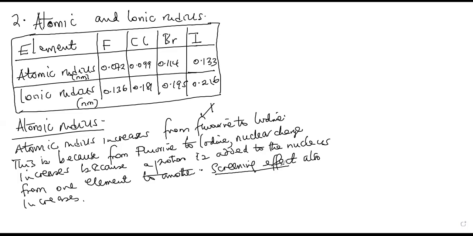So as a proton is being added to the nucleus, there is also that repulsion, the screening effect, what we call the shielding effect: the repulsion of the outermost electrons by those which are already inside from nuclear attraction. However, much as the screening effect increases, what causes an increase in screening effect?